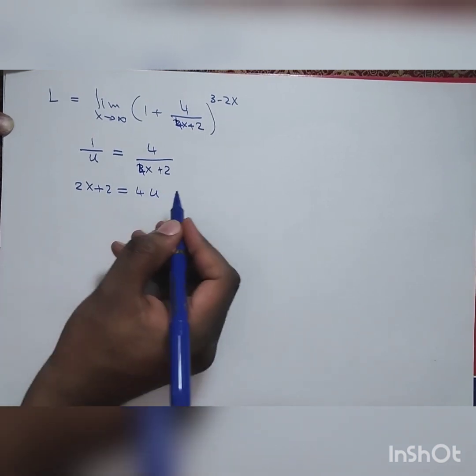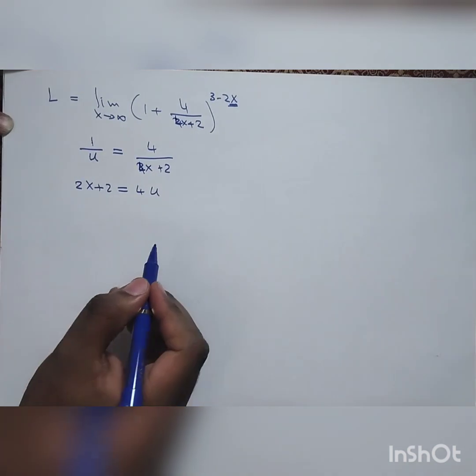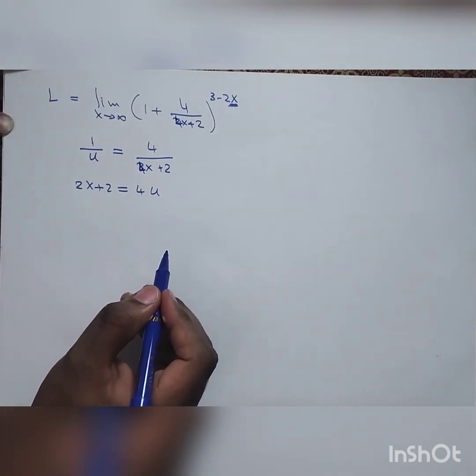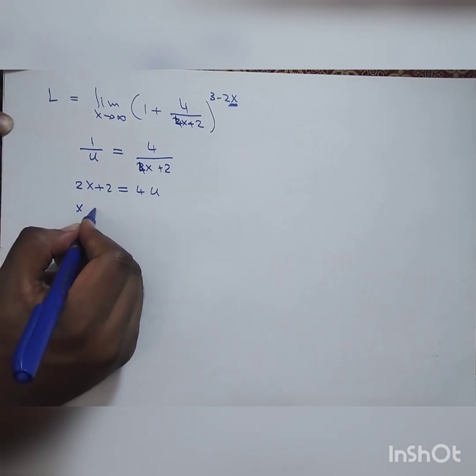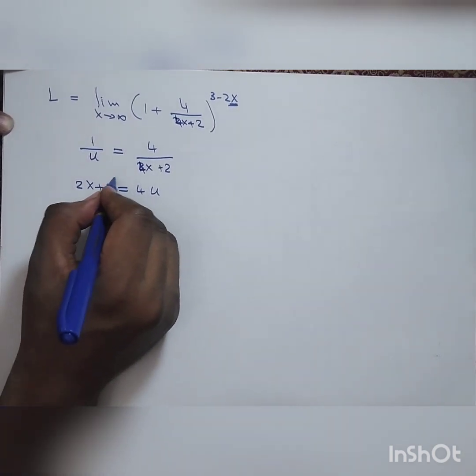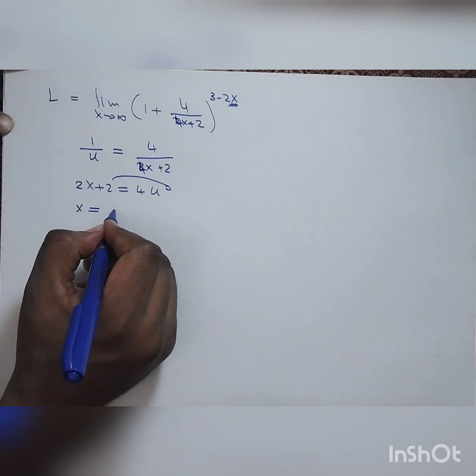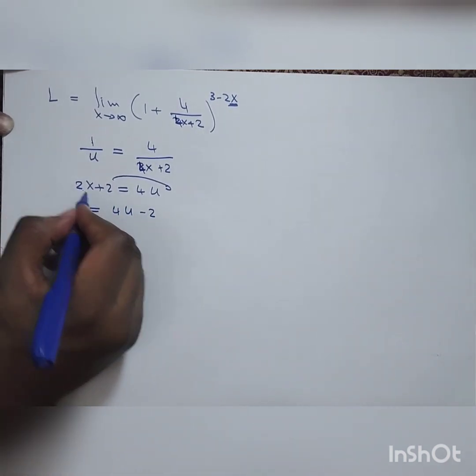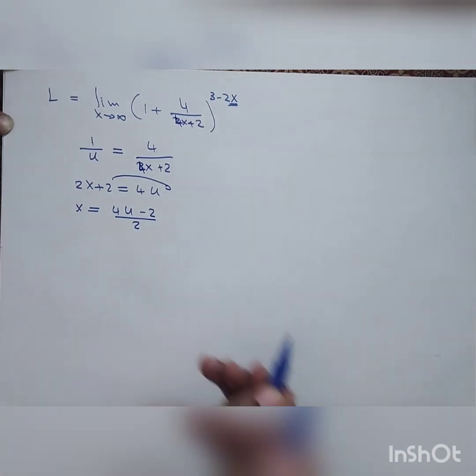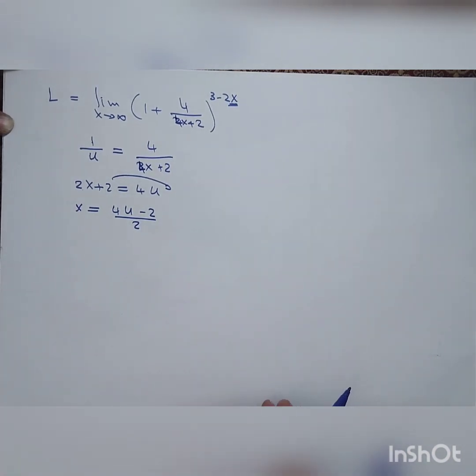Why do we do this? Because we also need to write x in terms of u. With simple algebra, we take the 2 to the right-hand side and get 4u minus 2, and then divide everything by 2. So this is our x in this case.